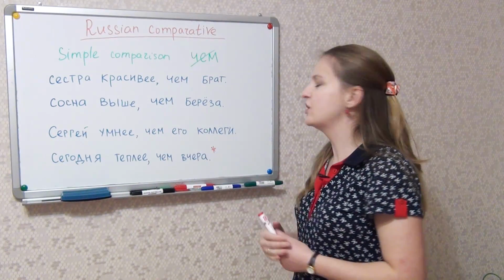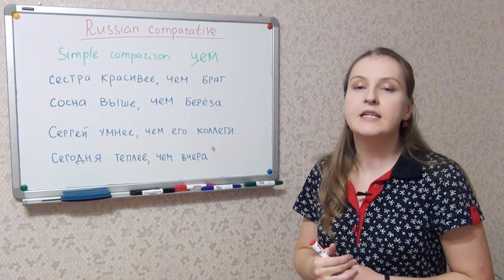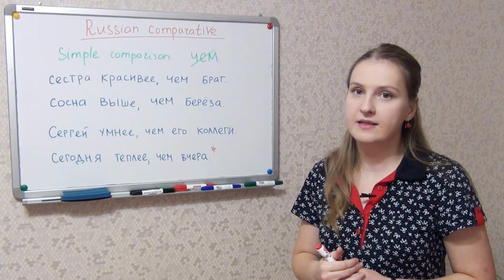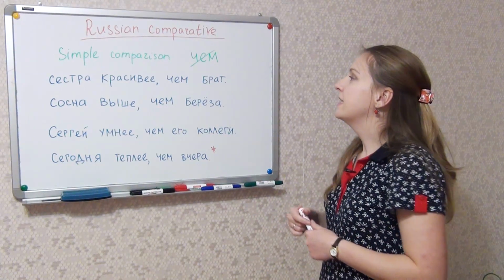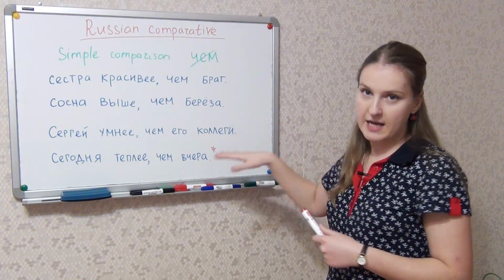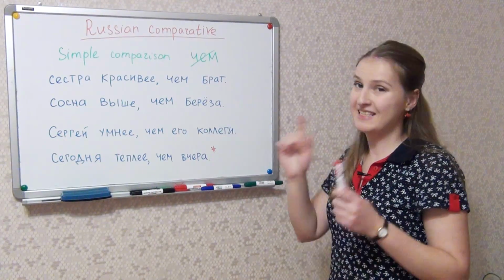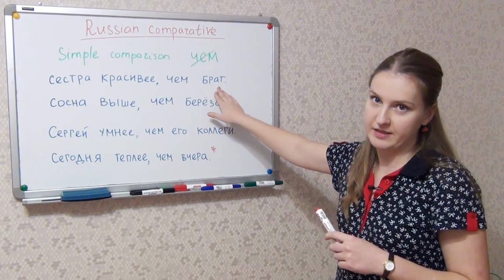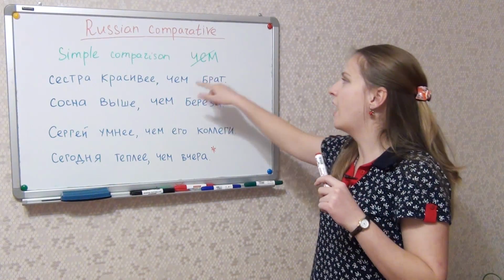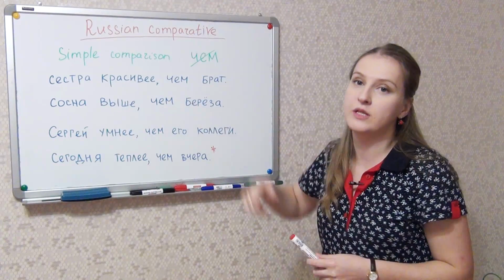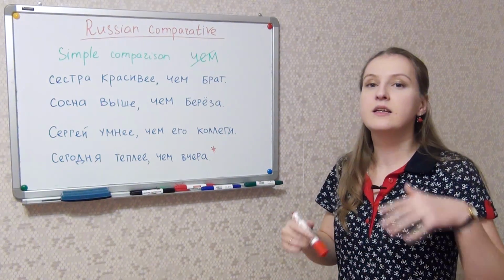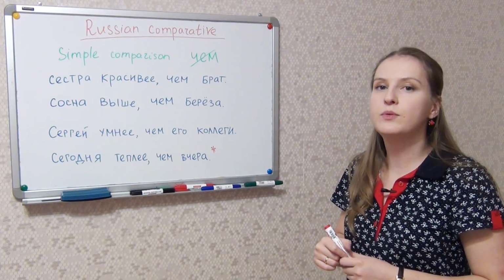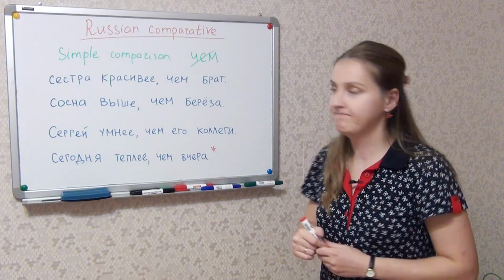Сегодня теплее, чем вчера. Today it is warmer than yesterday. Here we can drop, in most cases, the word чем. And in this case, we should change the noun which goes after the word чем or нежели. The second noun should be put in the genitive case.